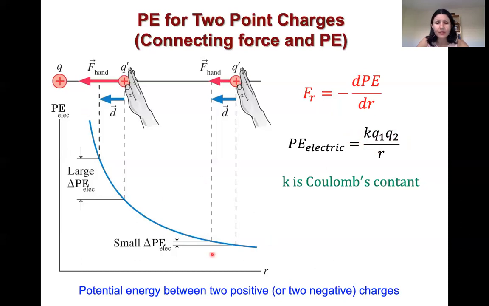So think about what it should do to this plot. The plot would have to be getting bigger and bigger for increasing r, which tells us that the force points in the direction of decreasing r, because that describes an attractive force. So think about how that potential energy plot should change when the force is attractive.